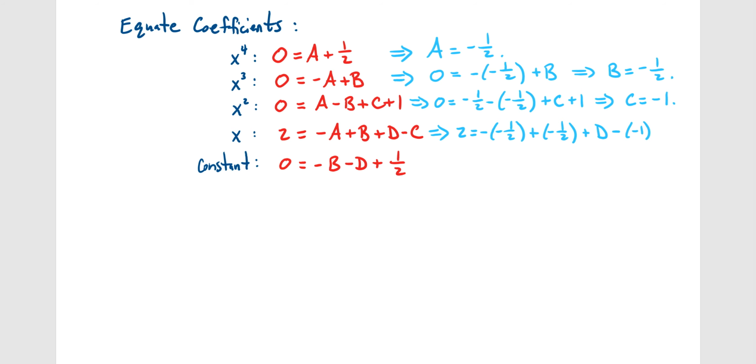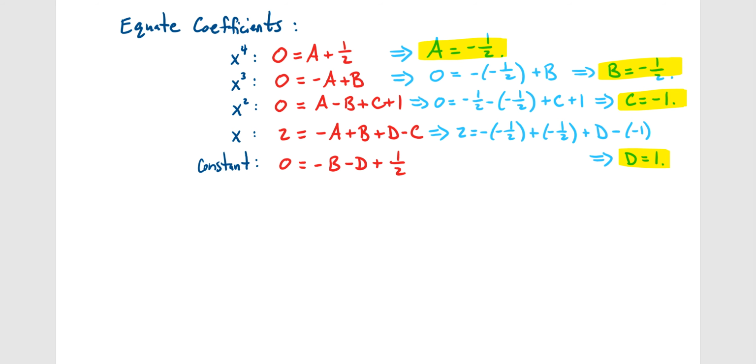And we solve this for d, and we're going to end up getting d equals positive 1. Once again, we do not need the constant one in this case, but we wrote it down anyway. So we have our a, we have our b, c, and our d.